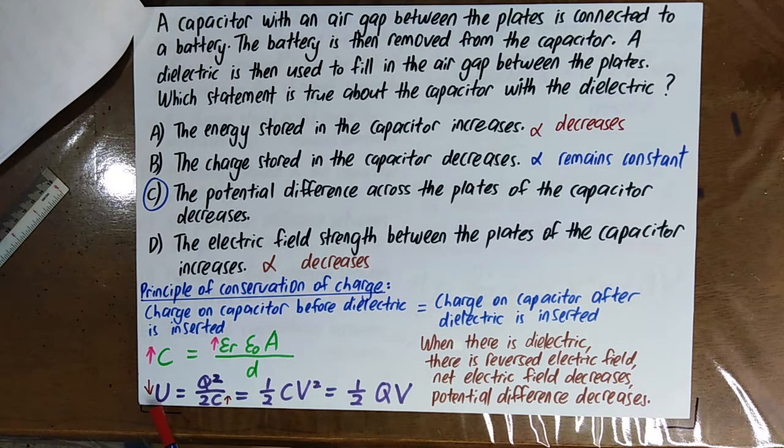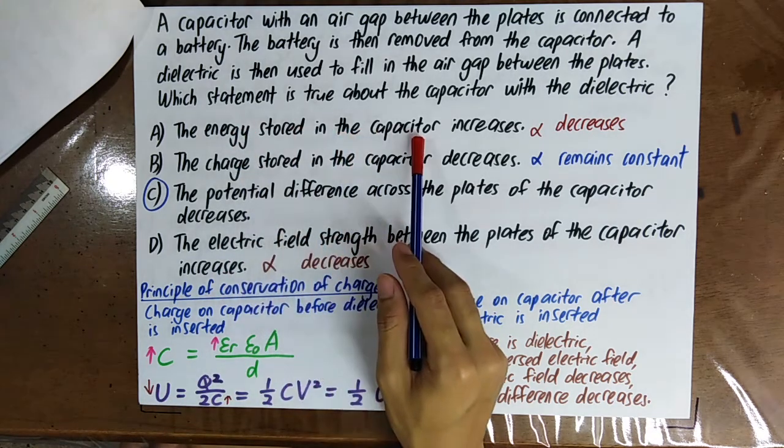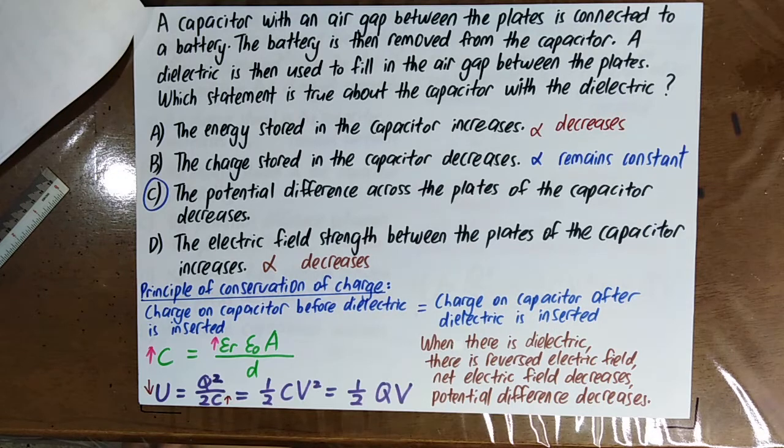The electric potential energy of the capacitor has three formulas. Now, because the charge is constant, you should use this formula, because Q is constant and C increases. When C increases, U decreases, so the energy stored inside the capacitor decreases.